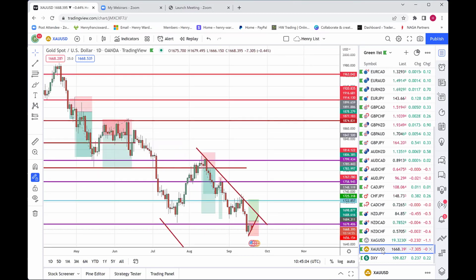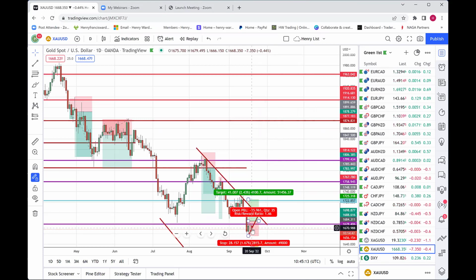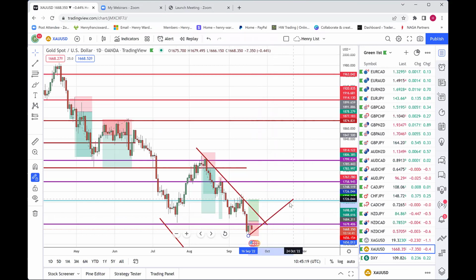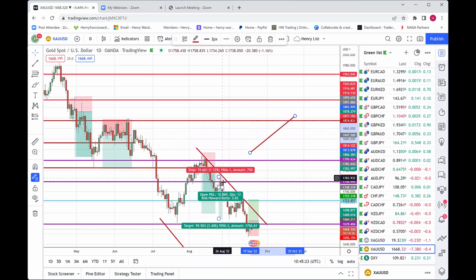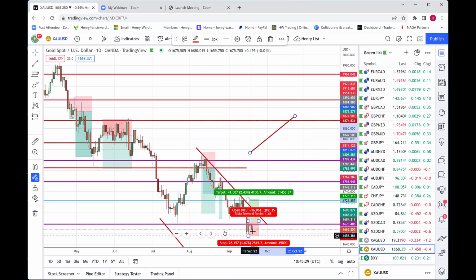Gold is very similar. We talked about this being a reversal back to that trend line, and that trade is still valid. I'll move that out of the way so you guys can see it. So this is more of a 4-hour trend rather than a daily trend. But we did take that low test bar there.